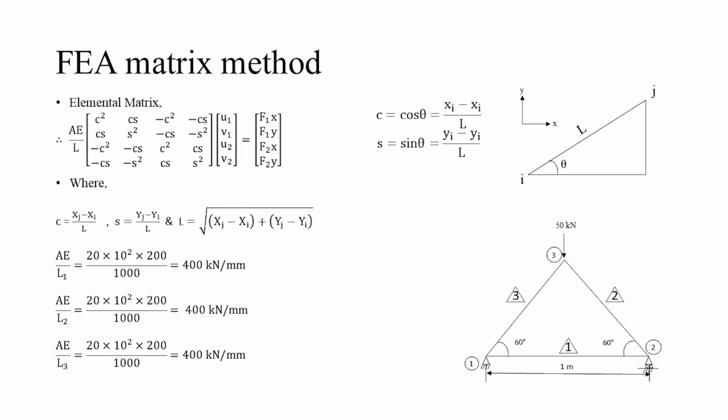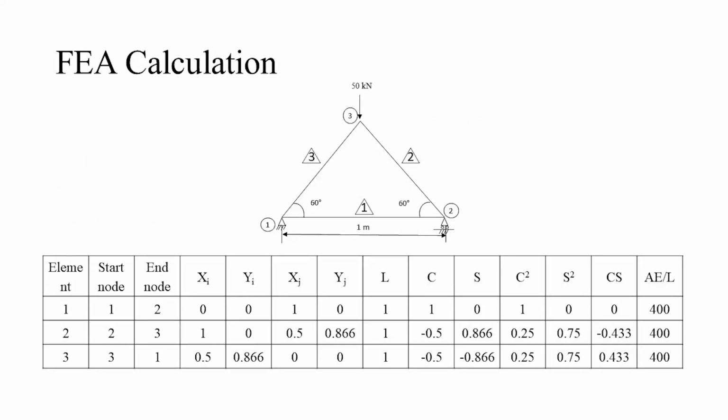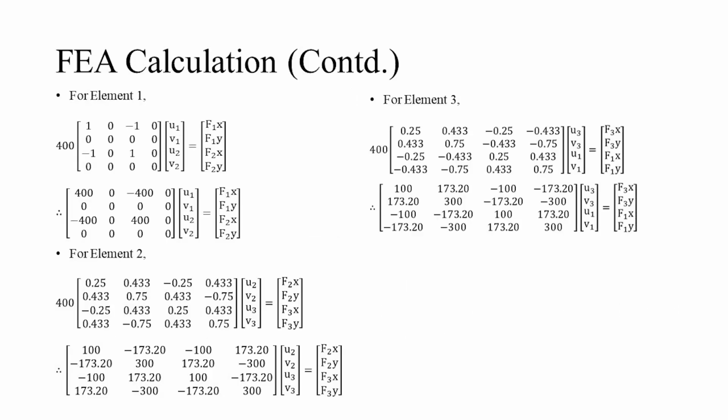The FEA method is different for the truss element. The elemental matrix consists of C and S, which are calculated using the formula. The table shows the calculation of the required constants for the elemental matrix for each truss member. Then we write down the elemental matrix for each truss member.